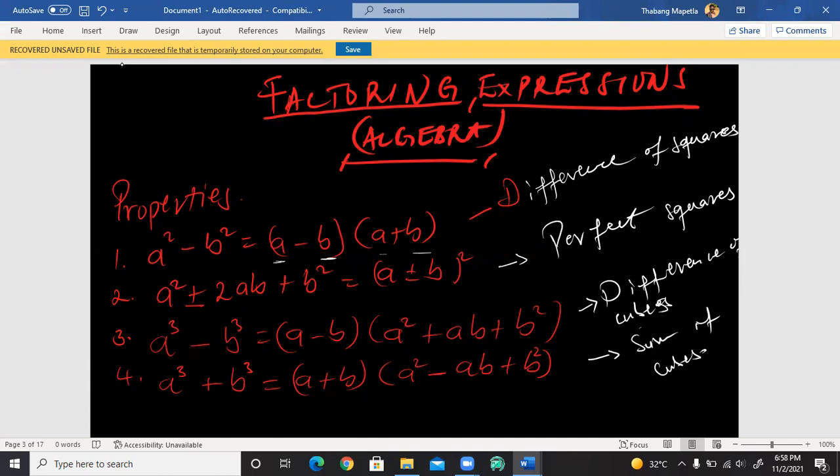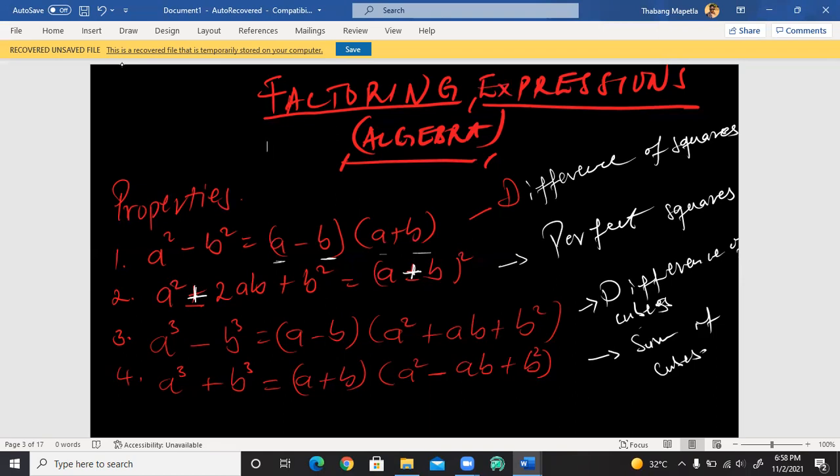And then perfect squares, they have a positive sign here. If we have a squared plus 2ab plus b squared, we are going to have the factoring as a plus b squared, or you can have it as a plus b times a plus b.